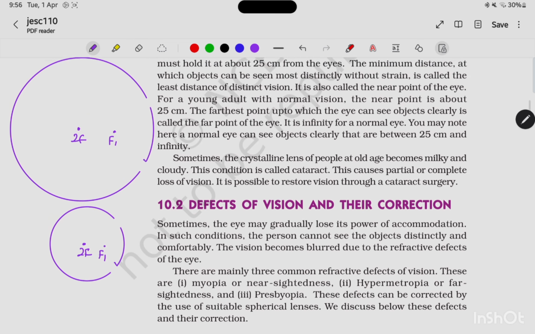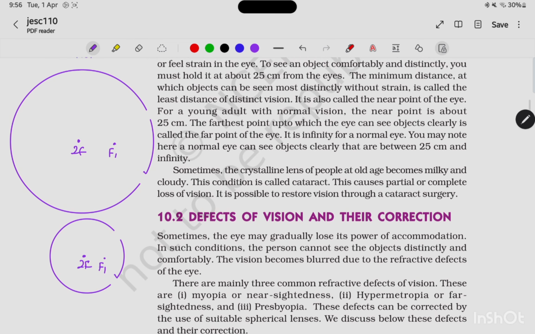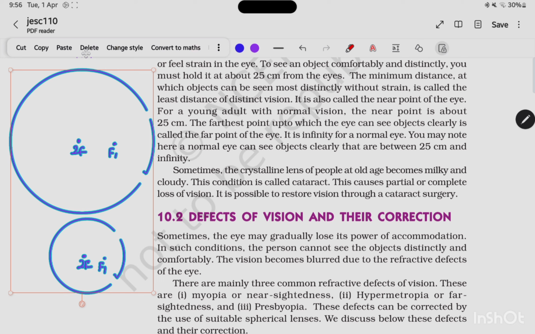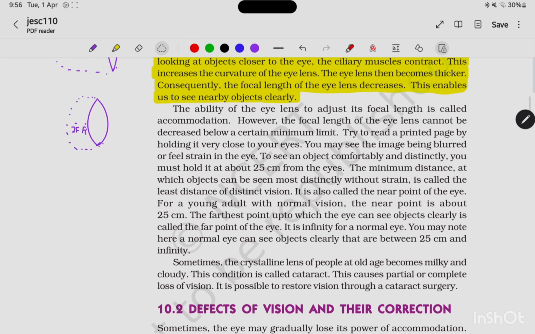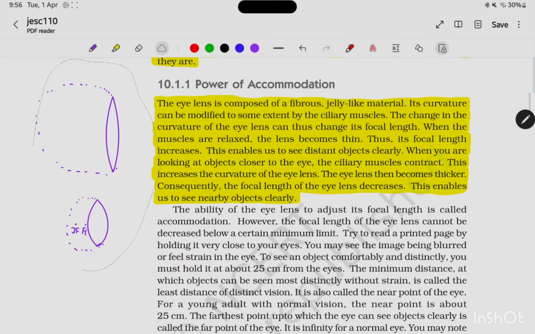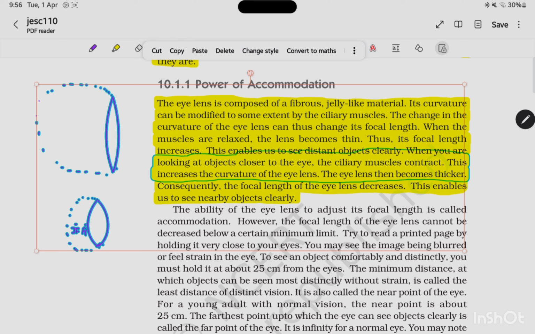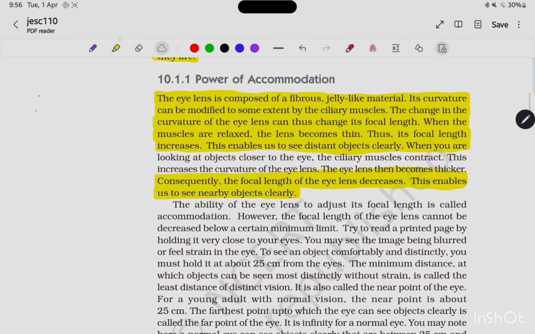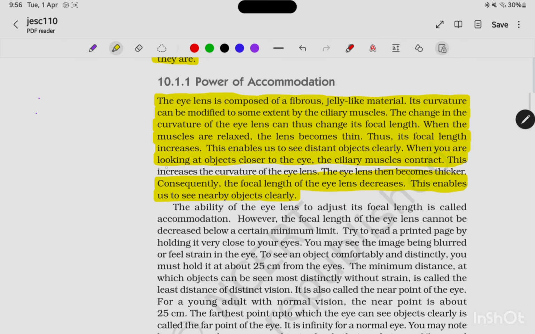Therefore, if the lens is thin, that means the curvature is less. If the curvature is less, that means the focal length will increase. Okay, got it? I hope you did, because this part is very confusing. To be honest, I was confused too on why, but then I drew it and then I understood what's going on.